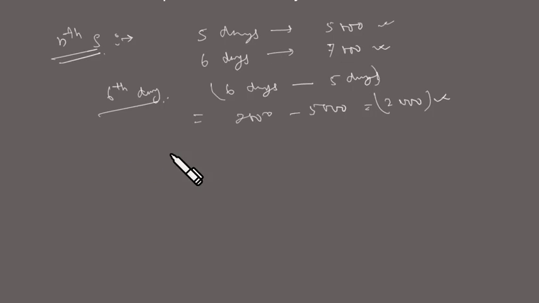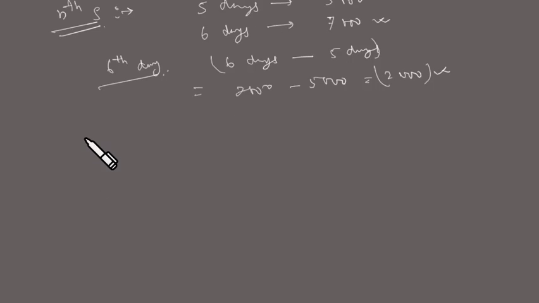Similarly, if we talk about the nth second, let's say a particle is moving with some velocity. Let's first consider the particle is moving with constant velocity. If the particle is moving with constant velocity, it means in every second the particle is moving v meter. What is the definition of velocity? If velocity is 5 meter per second, that means the body is moving 5 meter in every second, let it be 5th second or 6th second or 100th second or nth second.